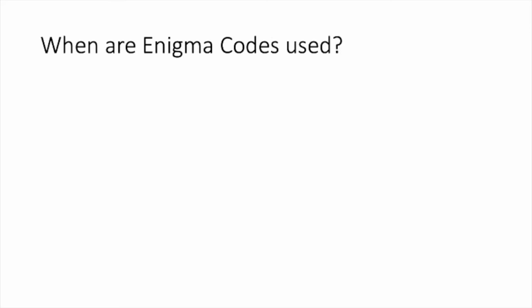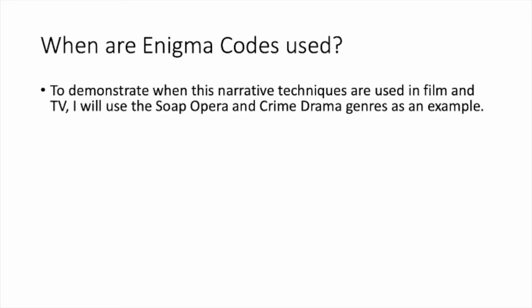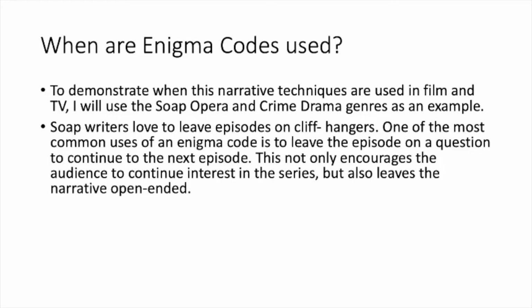So, when Enigma codes are used, I thought it would be easier if I used the example of a soap opera as well as a crime drama to give you an understanding of when this narrative technique is used in film and TV. Starting with soap operas. Soap writers love to leave episodes on cliffhangers, okay? A cliffhanger is an Enigma code, all right? That's the most common use of Enigma code in soap operas.